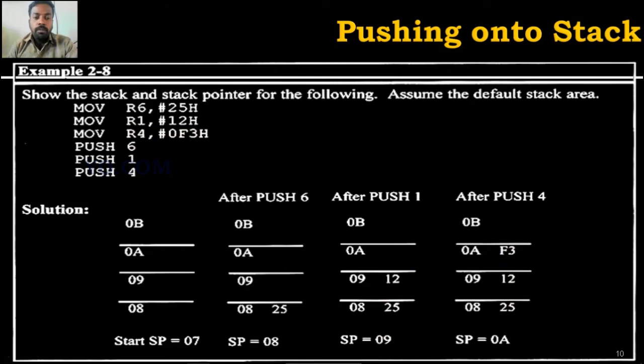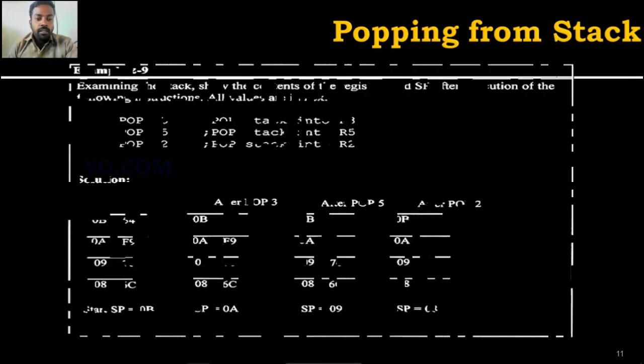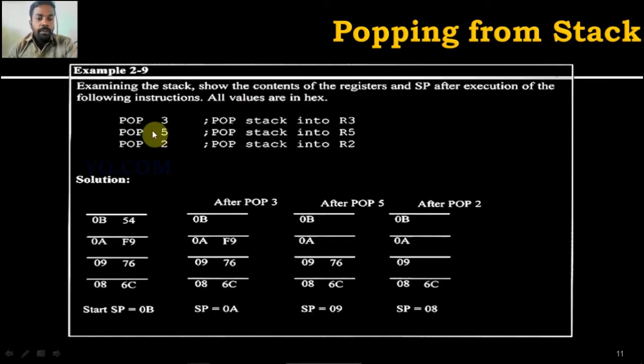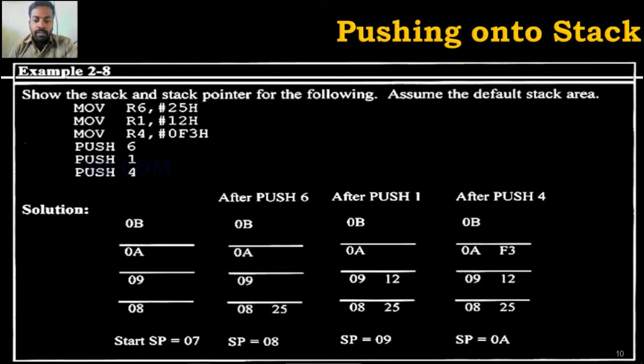Next we are doing the pop operation. What will happen after the popping operation? POP 3 means what will happen? With every push operation the stack value is stored in RAM, and the stack pointer points to the current data, the last pushed value.